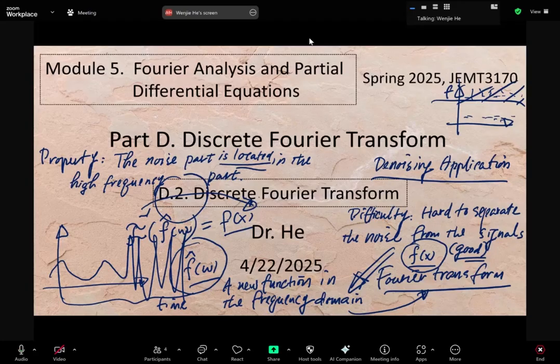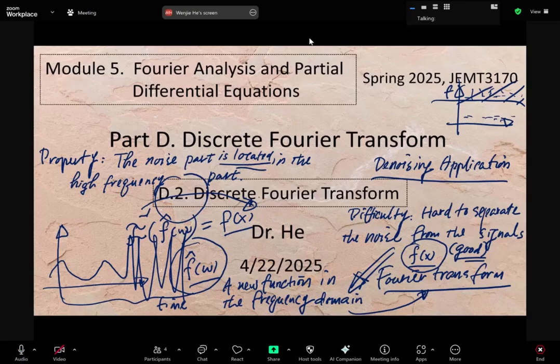But next, now we need to move to our D.2 topic, the discrete Fourier transform. You can see the keyword, discrete. That means the previous version we learned is the continuous version of the Fourier transform.